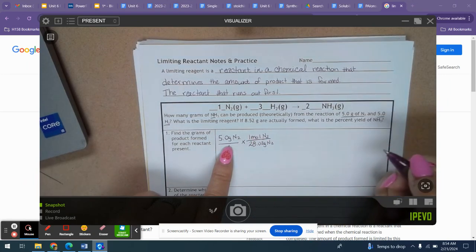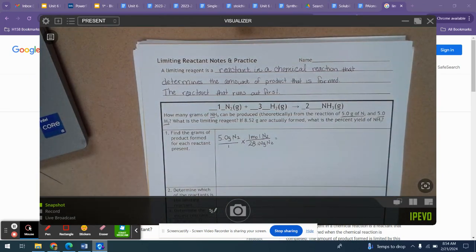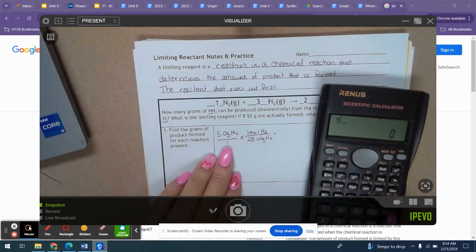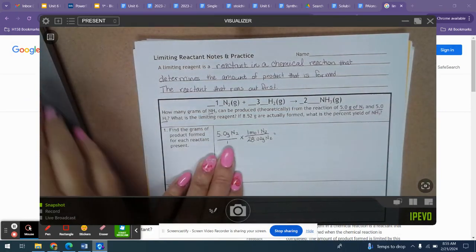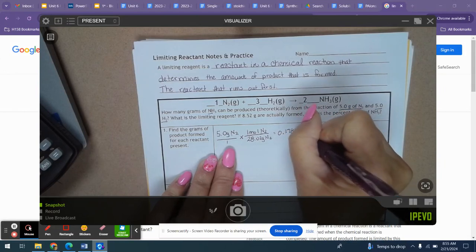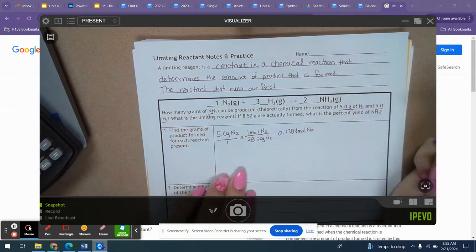Let me grab my calculator. 5 divided by 28.02 is 0.1784. I'm going to carry a couple of digits: 0.1784 moles of N2.